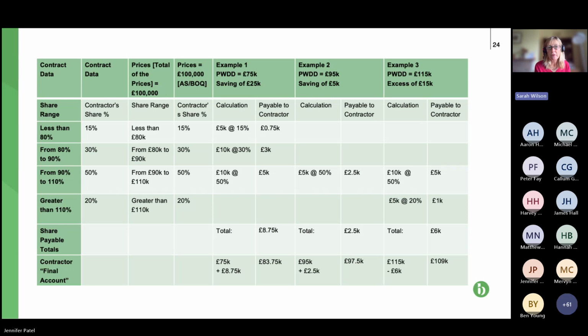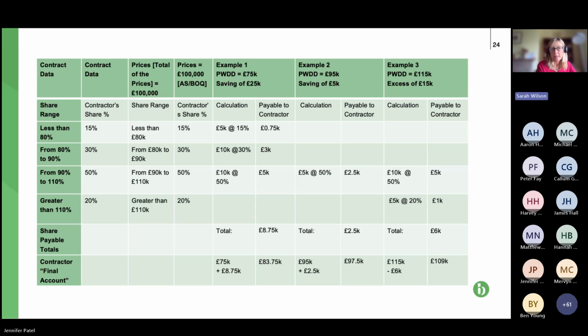So we've got 5,000 in the 5th column. You can see it says 5k. That's the 75,000 to 80,000. We know that in the second column along, it says 15%. So the contractor gets 15% of it, so it gets 0.75k for that increment.